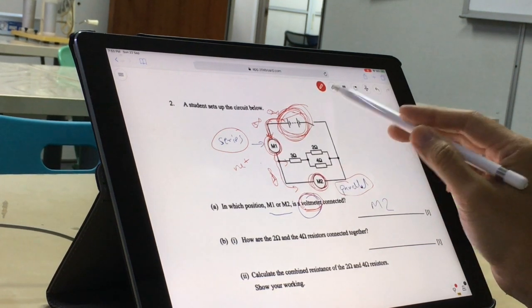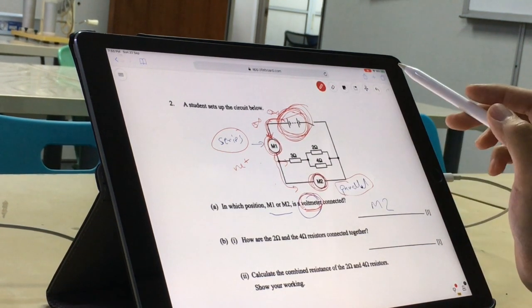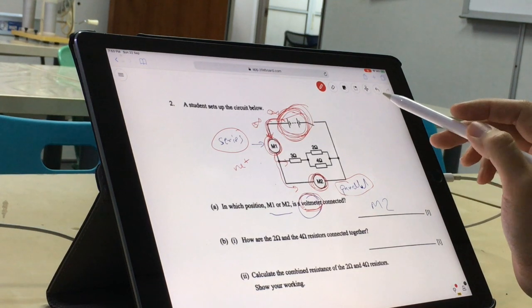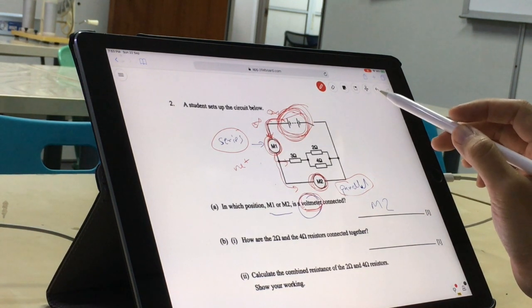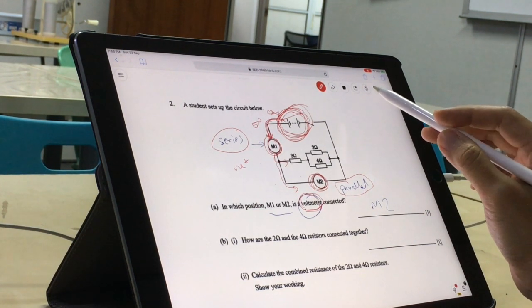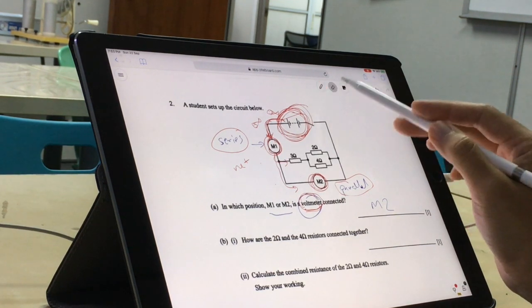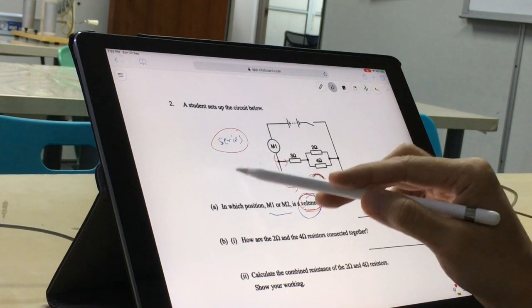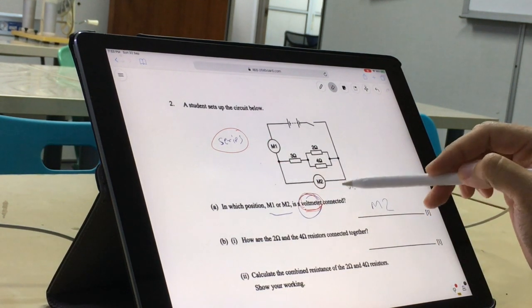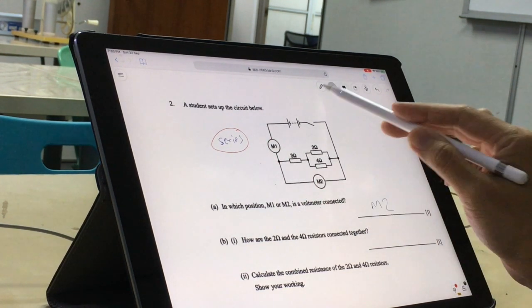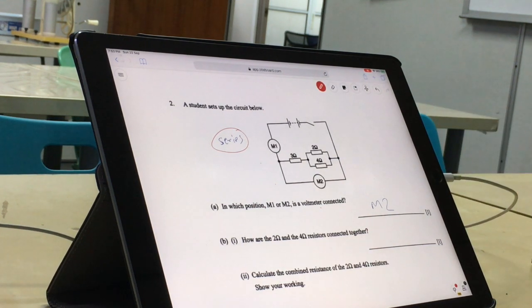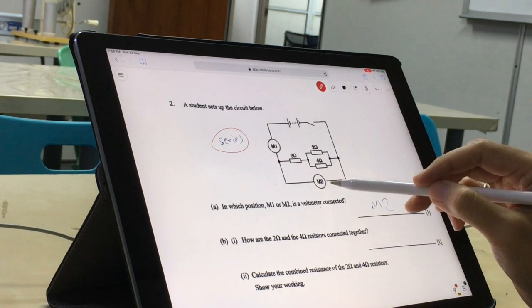Okay, never mind, let's just continue. Later maybe we'll see some other examples and I can explain again how it works. So actually the answer is M2, because this one is parallel.